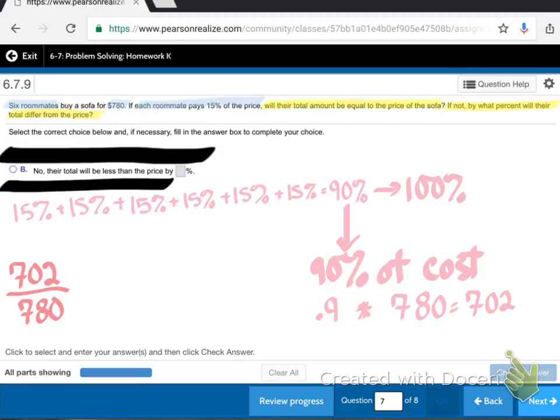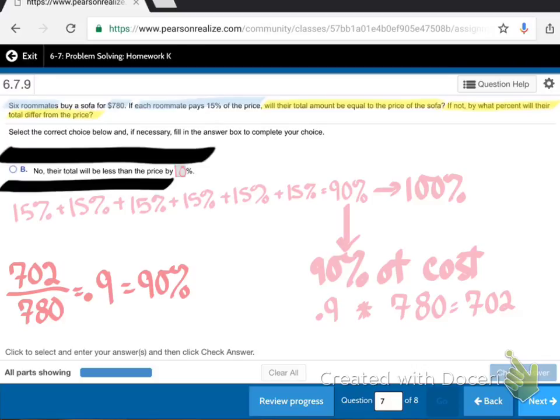So now I can do 702 over 780, which gives me 0.9, which is 90%. Well, I already knew that. I knew I was at 90% because we did the 15 plus 15 plus 15 plus 15 plus 15 plus 15%. So if I'm at 90%, how much less am I than my total? Well, I'm 10% less than what I need.